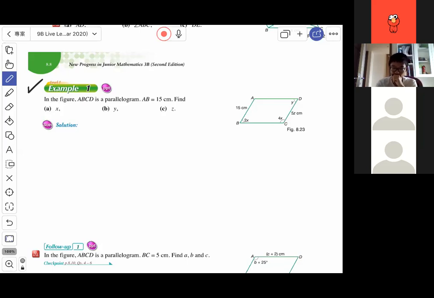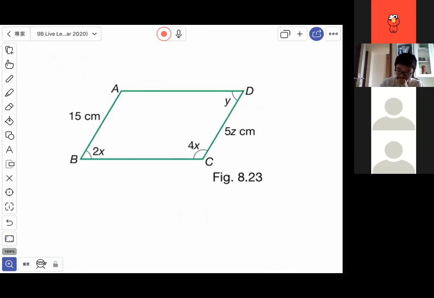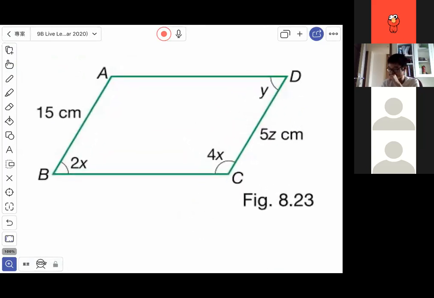Okay, so can you tell me which part should we look at in order to find x? Wait a moment. Look at the two angles.